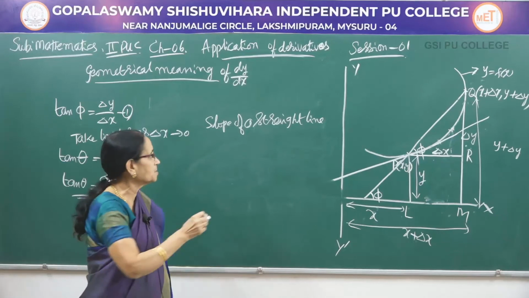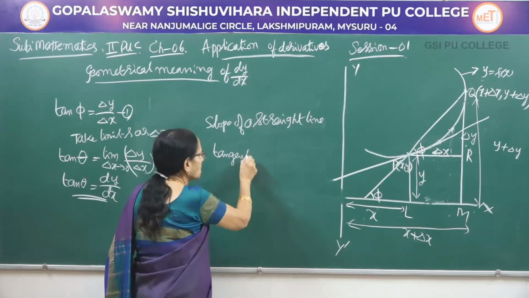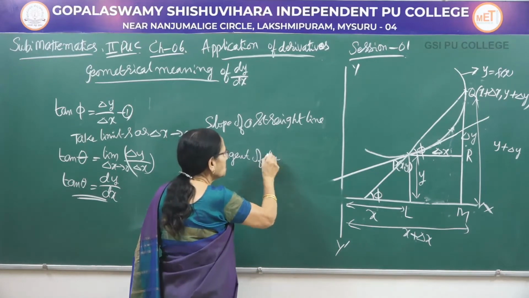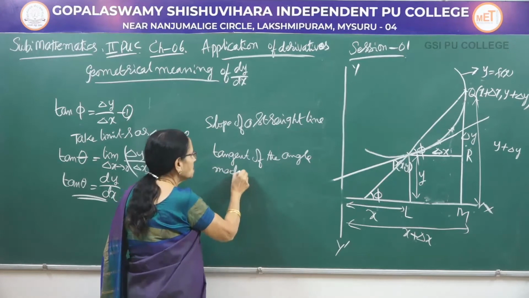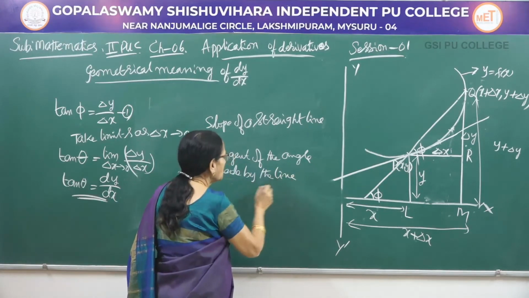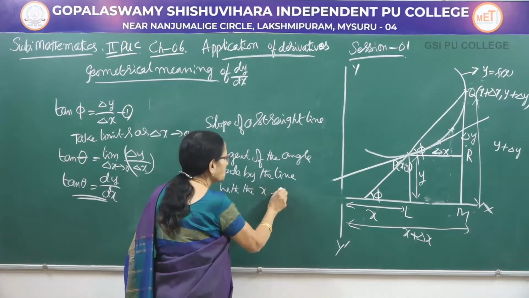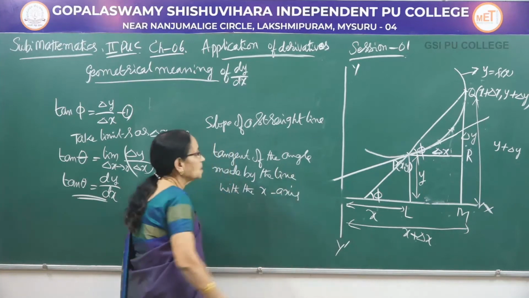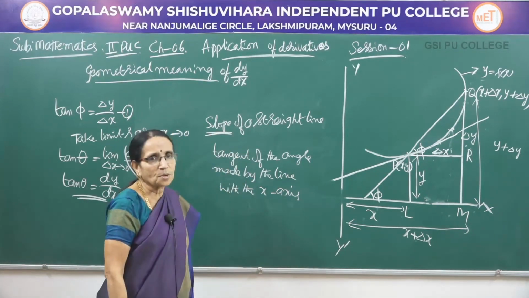The slope is the tangent of the angle made by the line with the x-axis. This is the definition of the slope or gradient of a straight line.